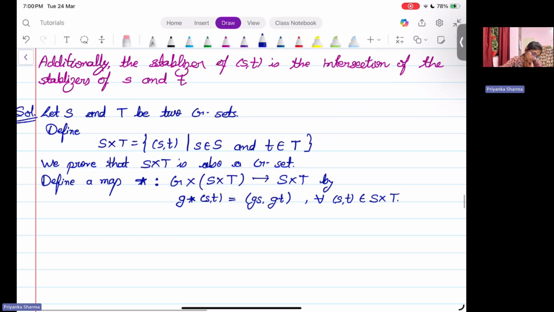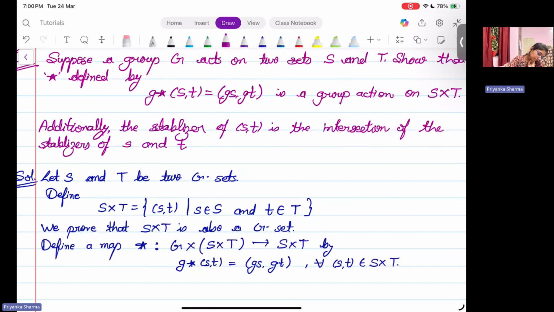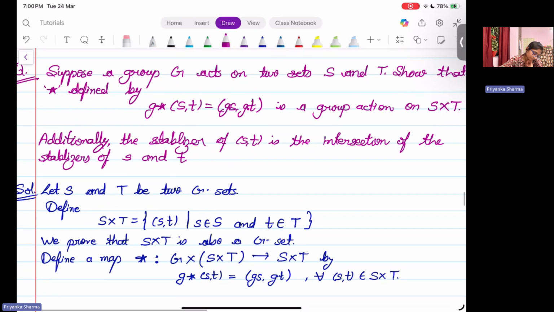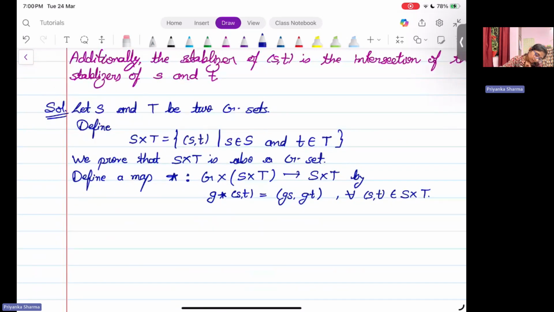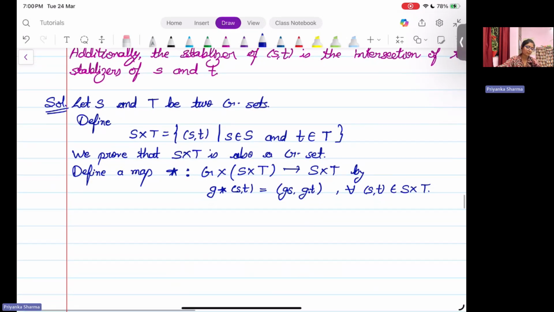I would like to write it as g dot s and g dot t. As the group G is acting on S and T, here we are using those group actions.